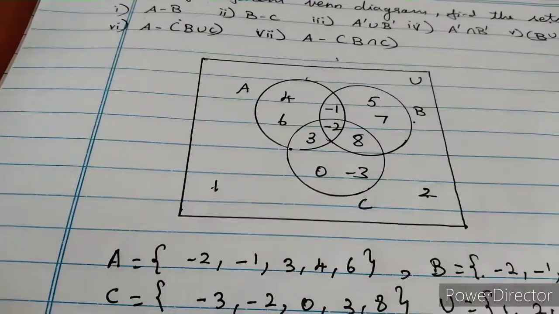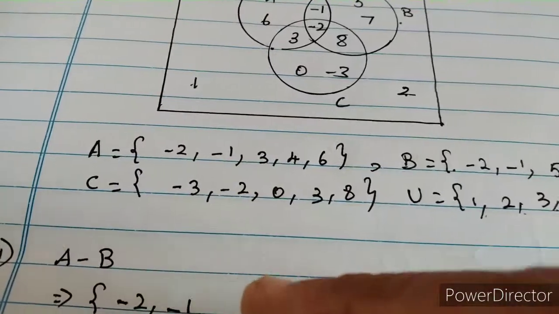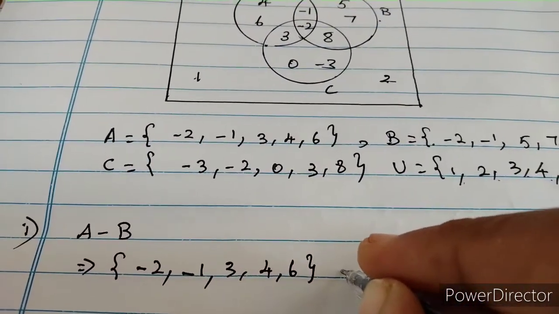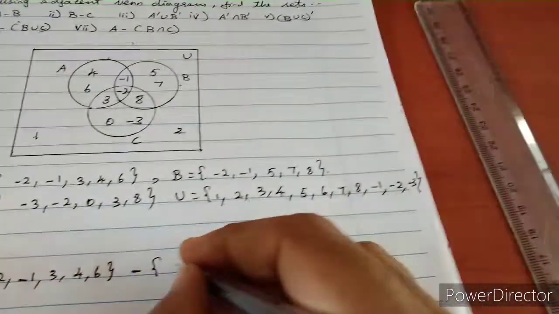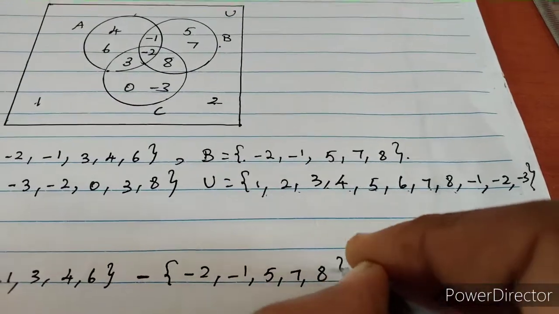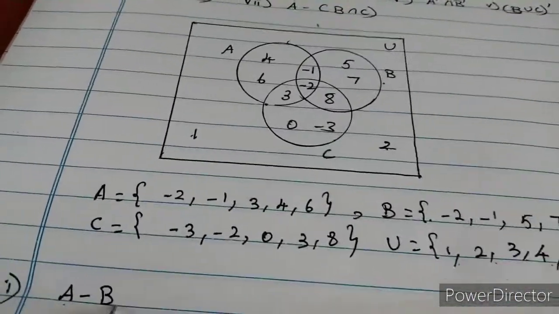Now find the answer for the first question, A minus B. Write all the elements of A, that is -2, -1, 3, 4 and 6. Then minus the elements of B: -2, -1, 5, 7 and 8. Now what is meant by A minus B?